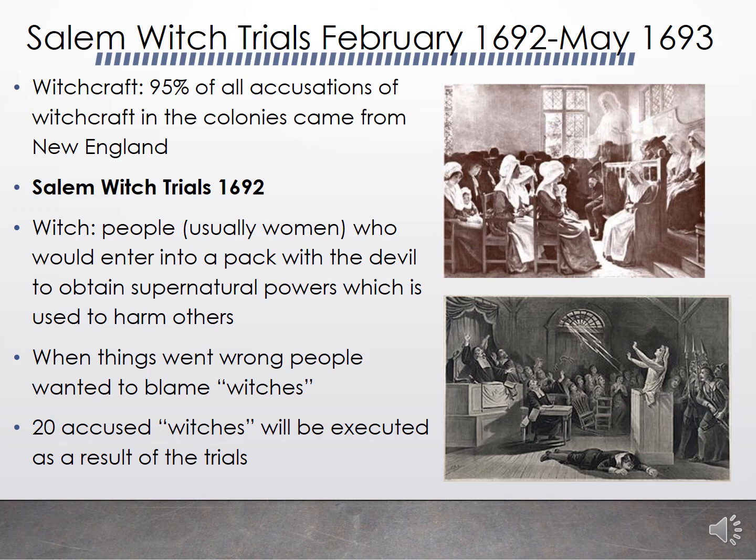Now, why do they end? Well, one of the reasons why they ended was because it got so intense in the Salem town that the preachers', the ministers', wives and daughters were starting to be accused of witchcraft.